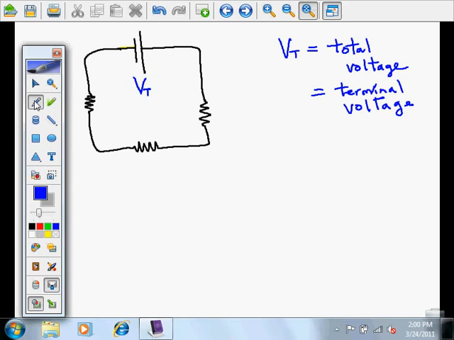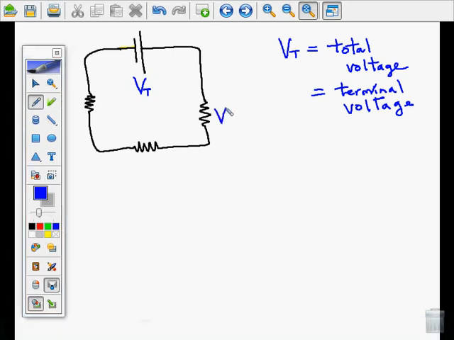And then some of that energy per charge is used to go through this light bulb. Some of that energy is used to go through this light bulb, and some of it is used to go through this light bulb over here.